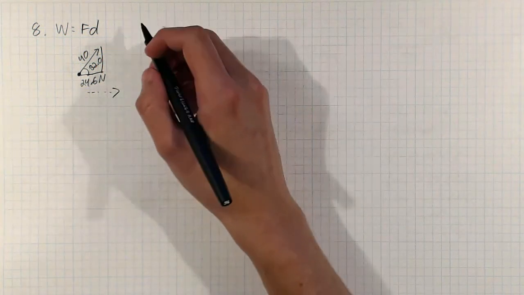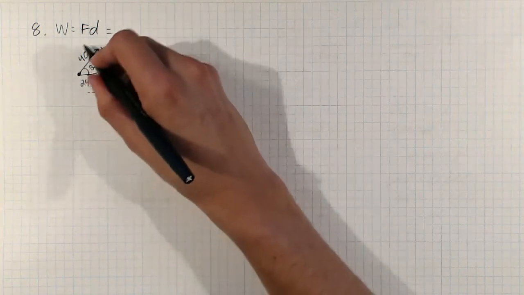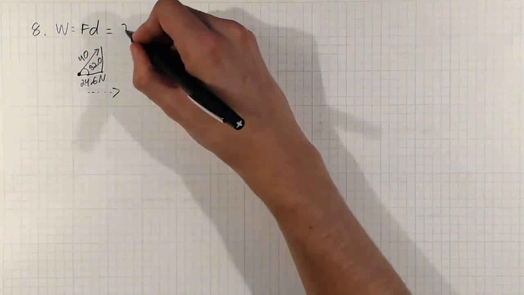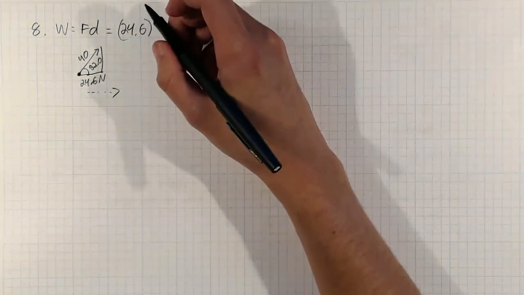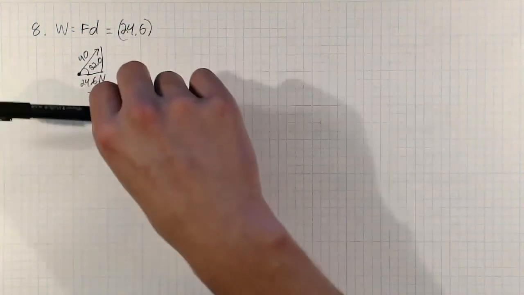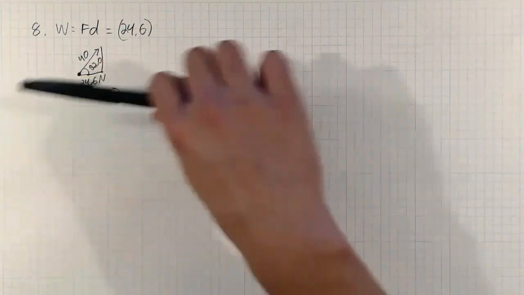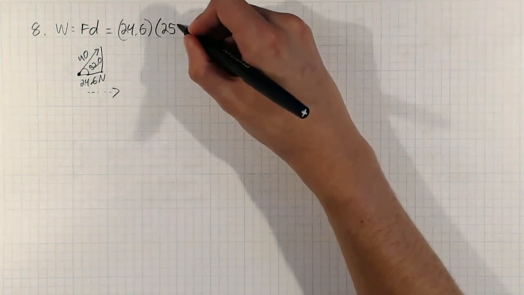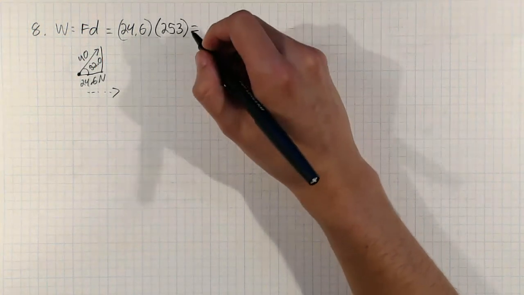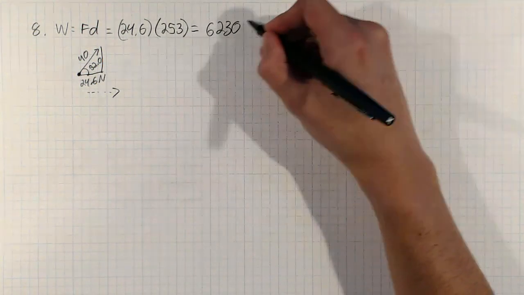So in this case, this is going to be equal to not 40 newtons, but 24.6 newtons times the distance that the bag traveled in that direction. Because the bag's going this direction, and 24.6 newtons of this force is in that direction. So this is times 253. And if you plug that into your calculator, you should get 6,230 joules.